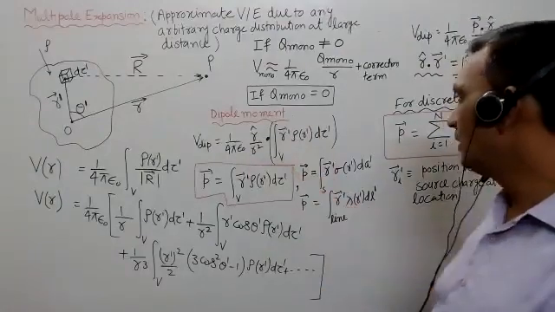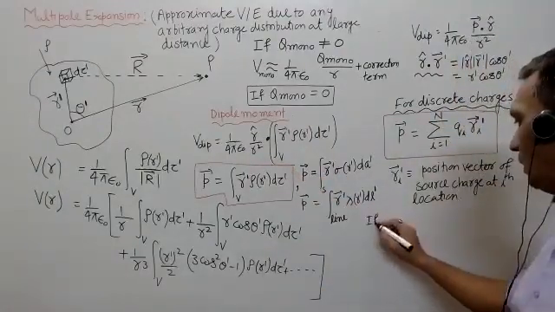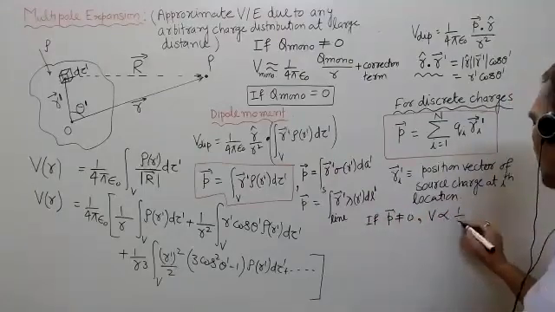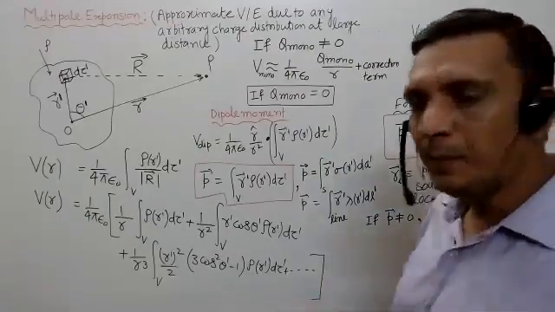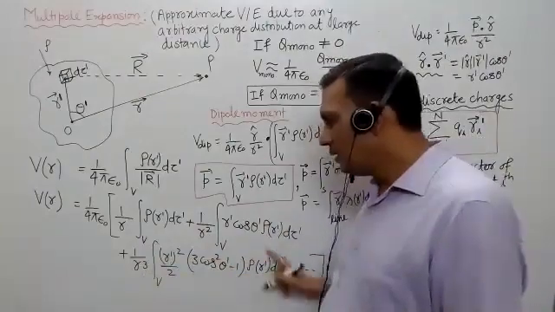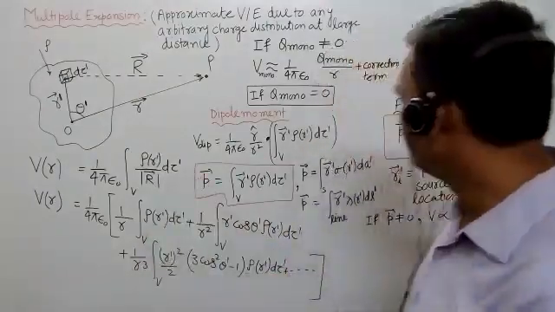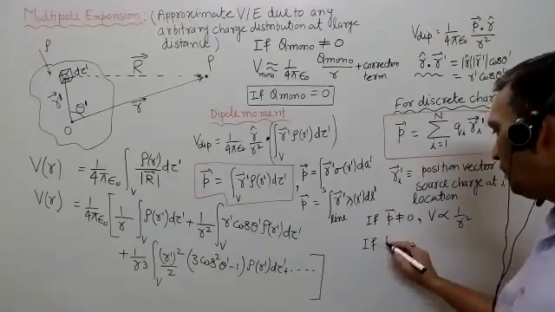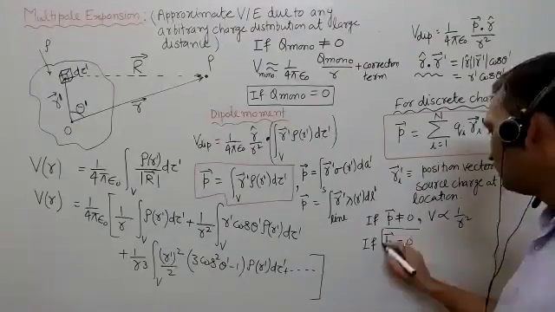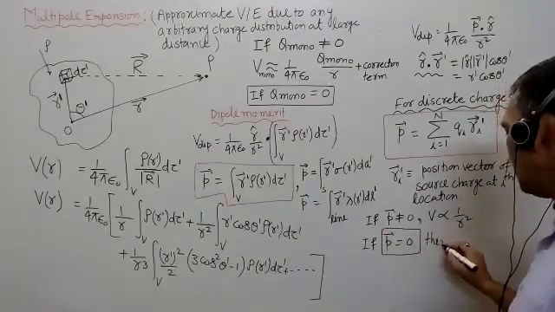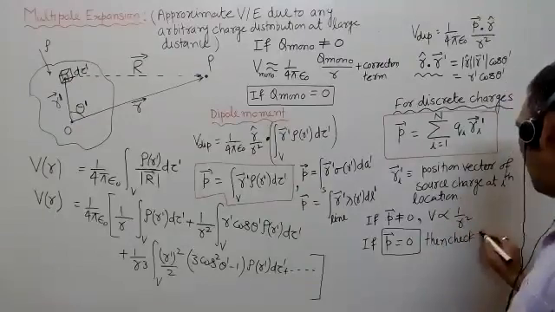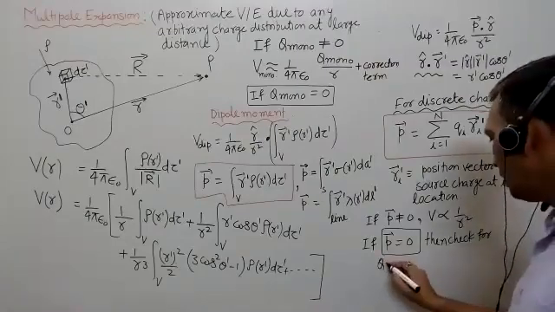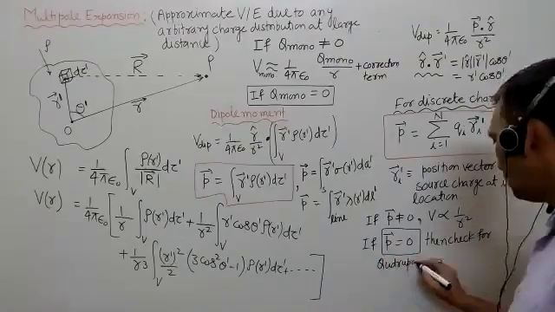So in this case, again, if the dipole moment is non-zero, V is proportional to 1 by r square. Approximate dependence is 1 by r square, and then the other terms are correction terms. If the dipole moment is 0, then check for the quadrupole term.